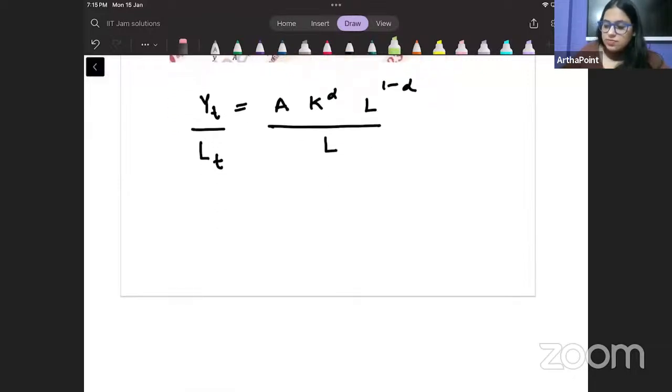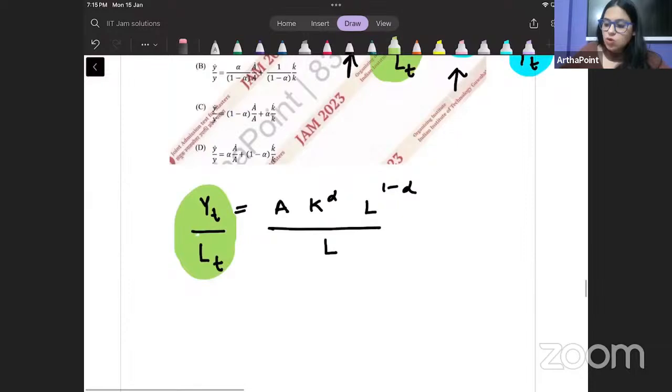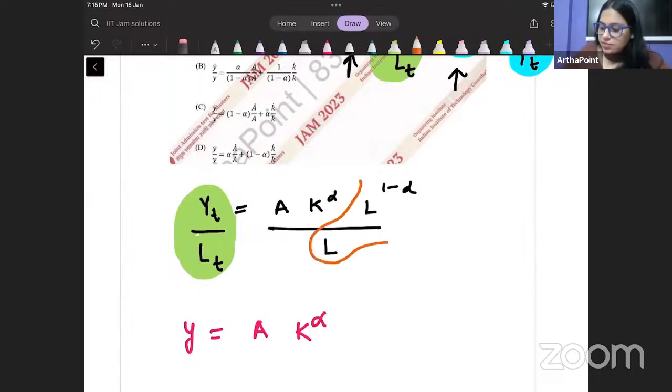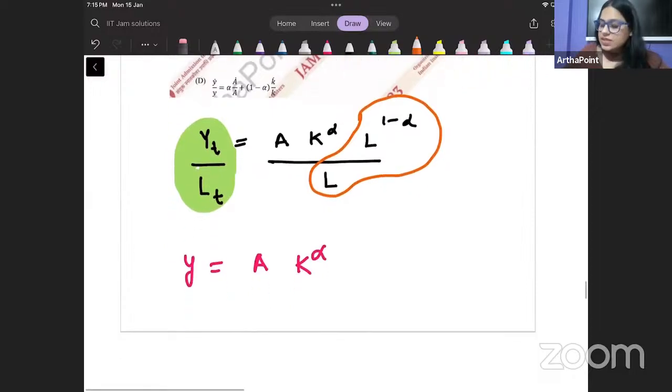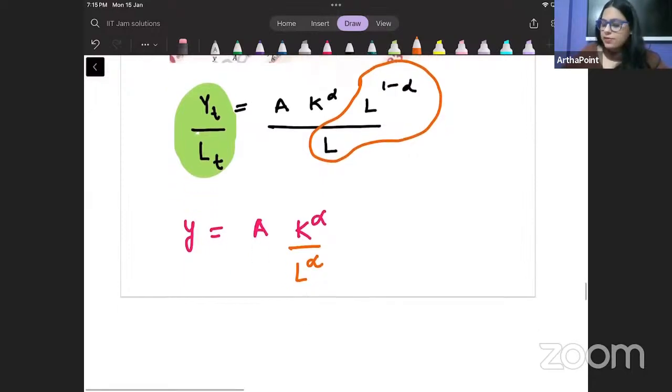So this simply becomes small y, because small y is defined as Y by L. तो इसको हमने small y बोल दिया. This is capital A, K to the power alpha. And if I look into this part, then this can be written as L to the power alpha. ठीक है? If you just take it in the denominator, you will get L to the power alpha.